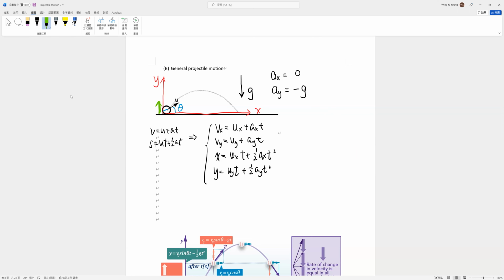What will be the answer for the vertical initial velocity? After you decompose the initial velocity U into 2 components, one is vertical, one is horizontal. So what is the value of the vertical one?